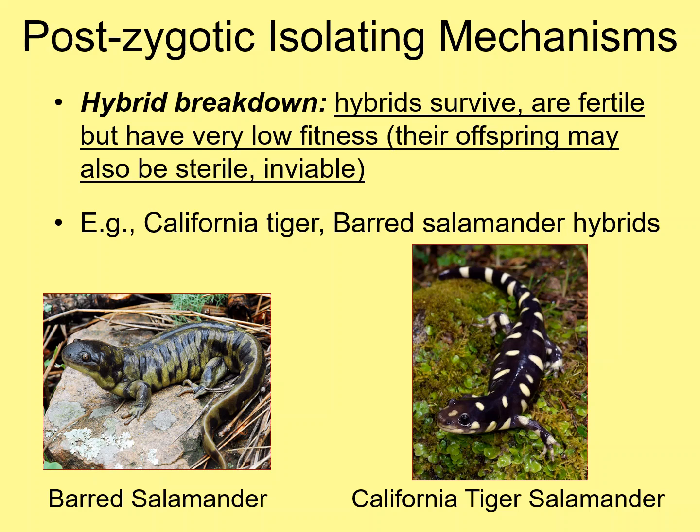Individuals that mate with the wrong species obviously have very, very low to no fitness. And so this has had some very negative consequences for this particular species. And there are folks whose job is trying to round up the barred salamanders and send them back where they came from because they're not supposed to be here. And we would like them to stop messing with our California tiger salamander gene pool.